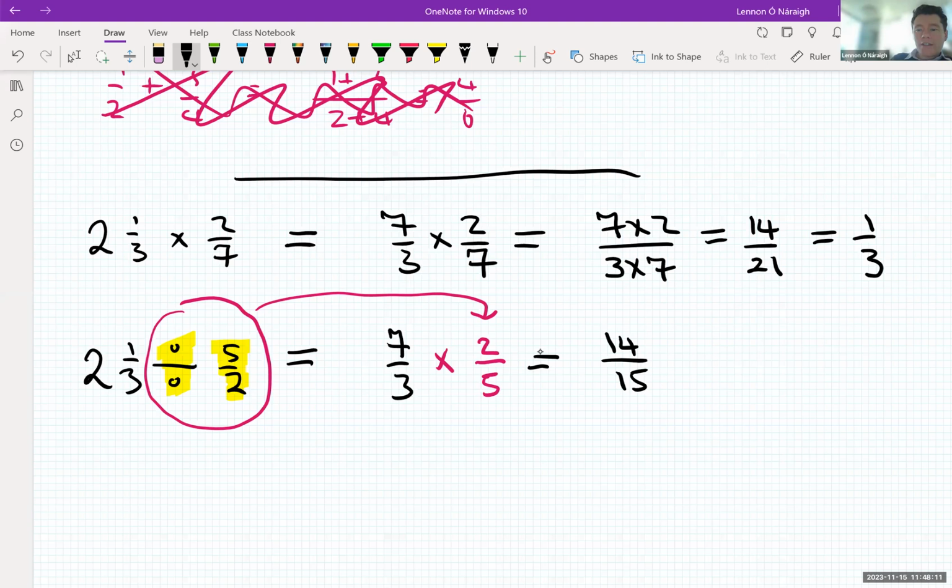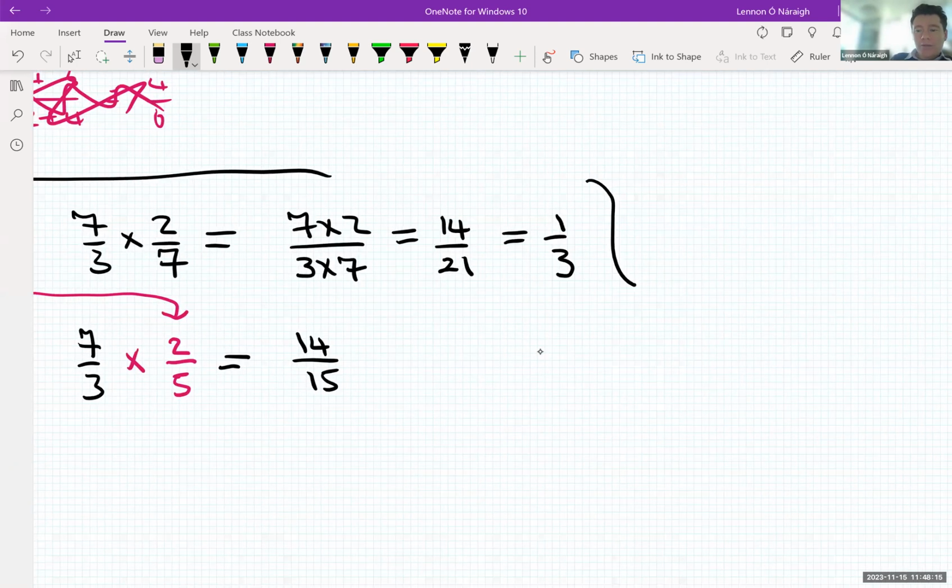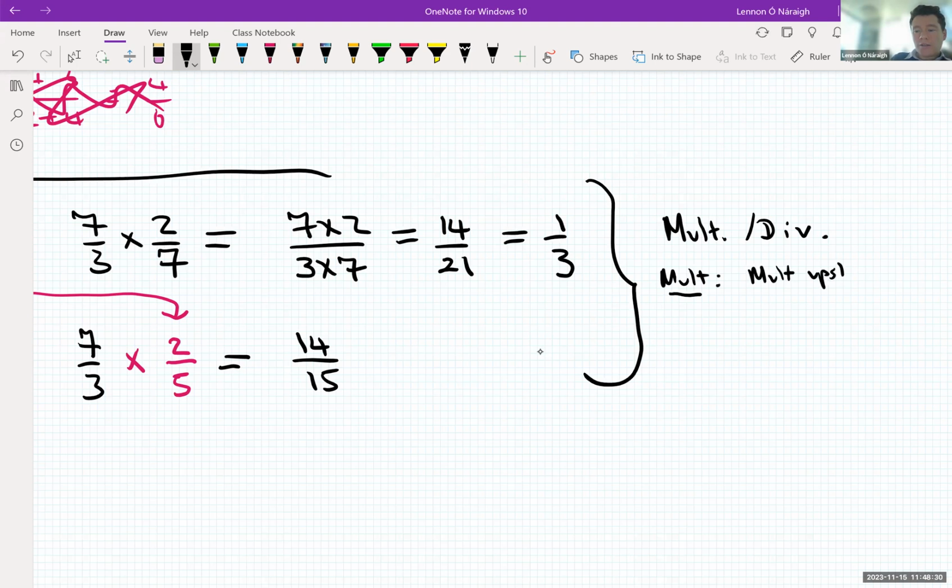So you can kind of see a pattern here. The multiplication and the division, they come as a pair. In that, for multiplication, you just multiply the upstairs and the downstairs.